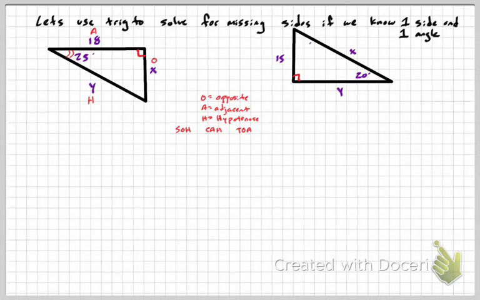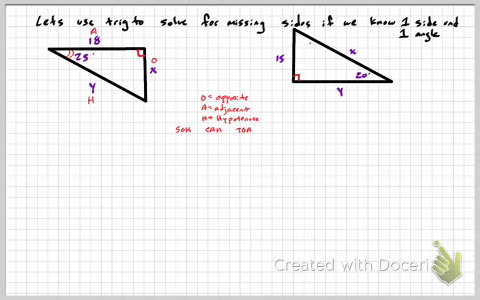All right? So again, our focus angle is 25. Now, 18 is an adjacent, so that means that I could use cosine or tangent, because in both of those, notice that I have an A. The A is referring to the adjacent. So for this problem, we probably would not use sine. All right? So let's go ahead and solve for X first. So I know X is an opposite.